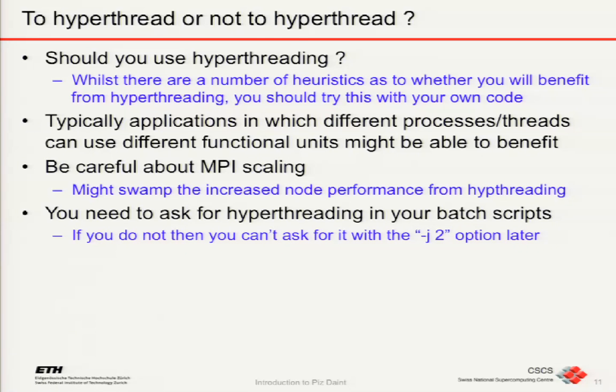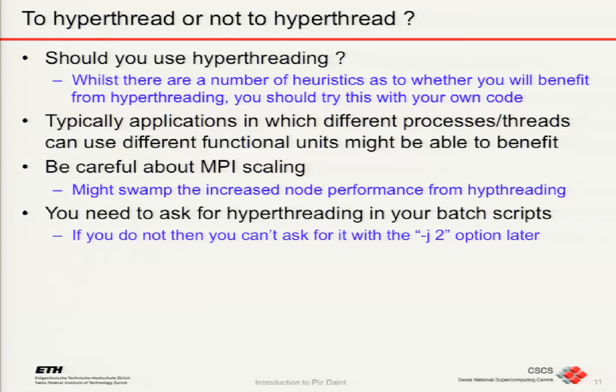And basically, you tend to find that if you have an application where different cores, different threads will be doing different things at different times, then you may be able to use different functional units. And that's where hyperthreading comes into play. Because if the floating point unit is busy, but the integer unit is not, and you want to use the integer unit, you may be able to get some speed up.